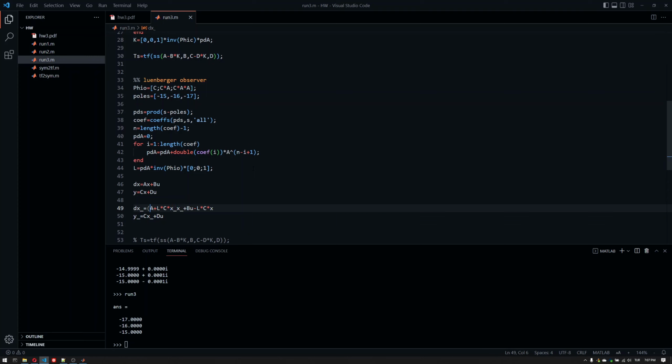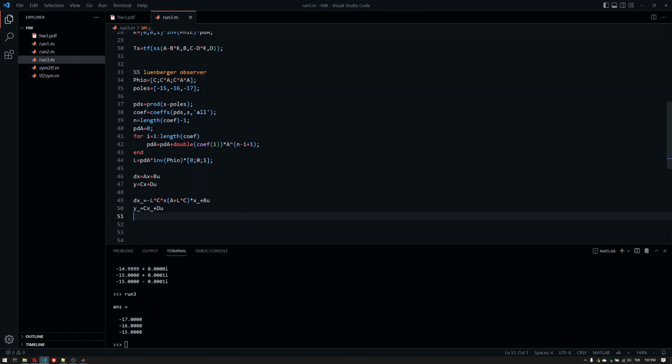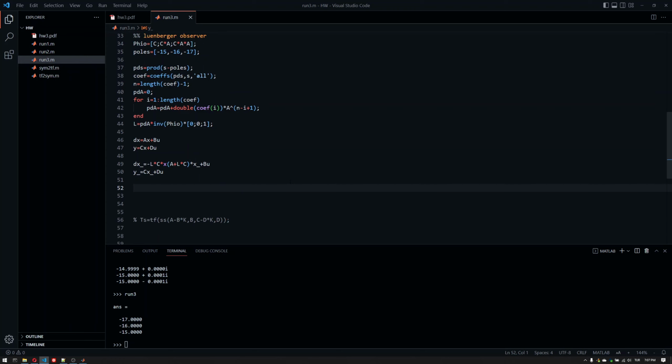So we have A plus LC times this here plus Bu. Let us just bring it back here. Like this. Maybe this one should also be on the left. There we go. Now we can actually combine these two dynamics as a whole big system here. You can see we have dx here, we have dx underscore.